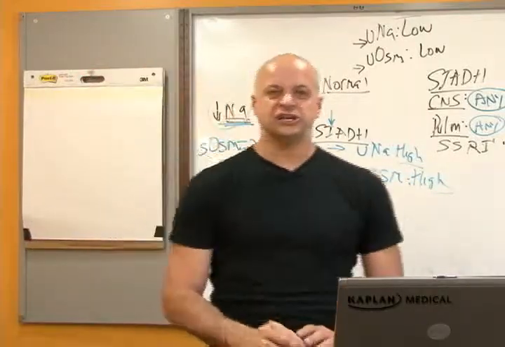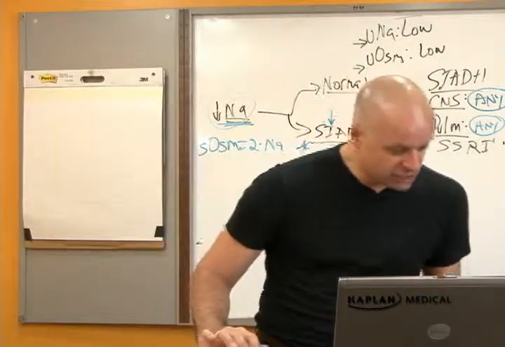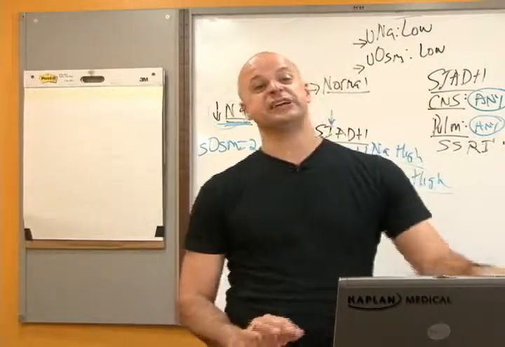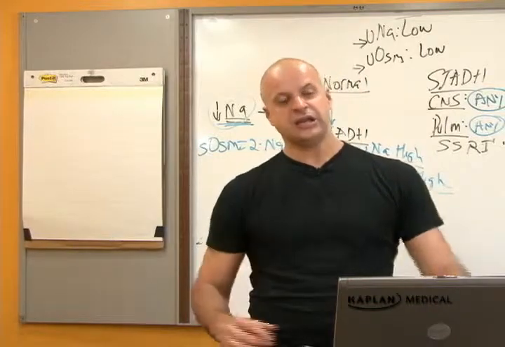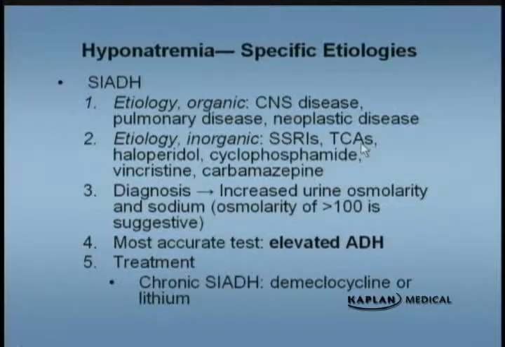SIADH is defined as a urine osmolality greater than a serum osmolality in the presence of hyponatremia. That's the disaster. Now, the most accurate test is the ADH level. However, you can tell right away by finding the urine sodium and the urine osmolality.